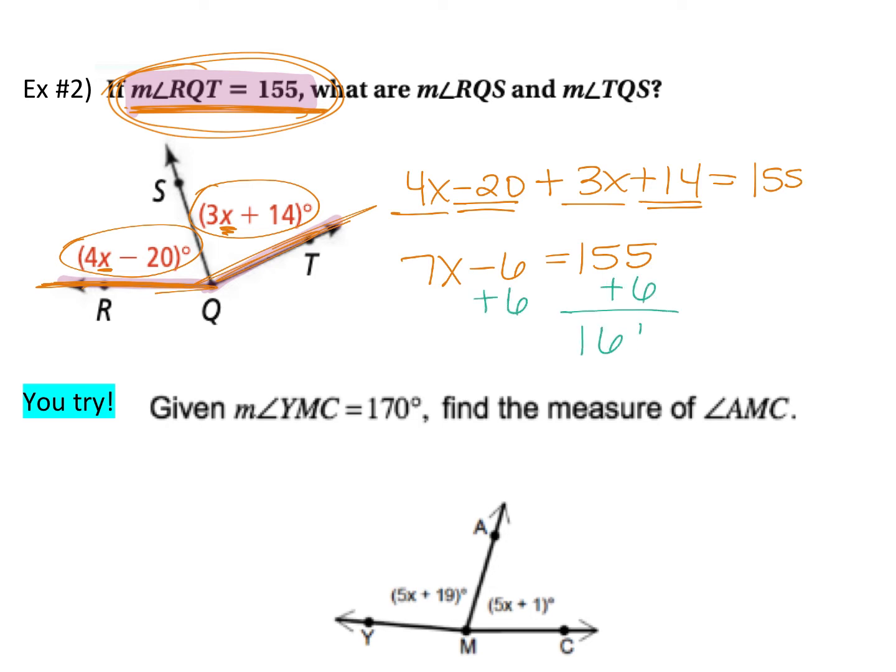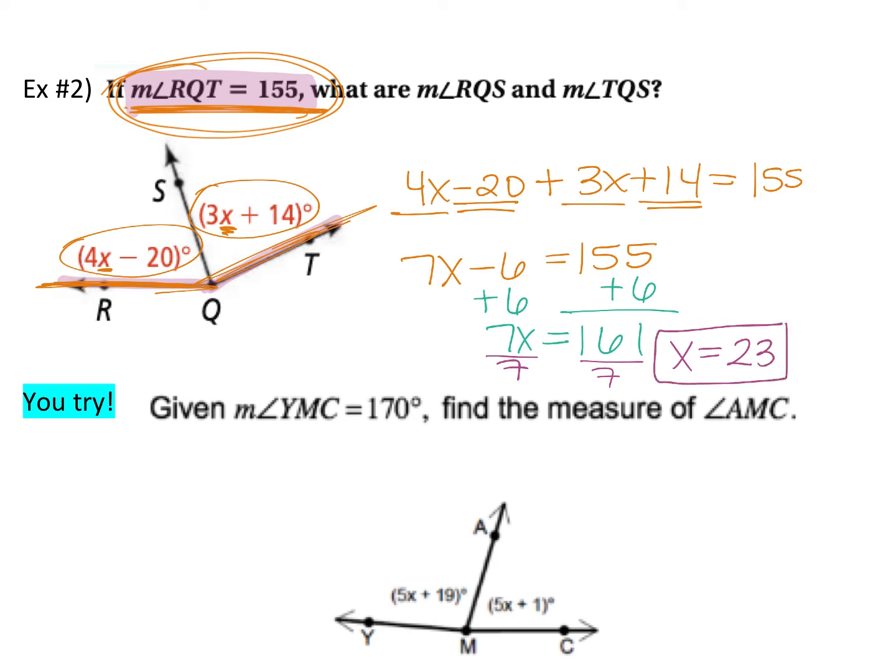So 161 is 7x. Then we divide by 7. At that point, you can just plug it into your calculator. 161 divided by 7 is 23.